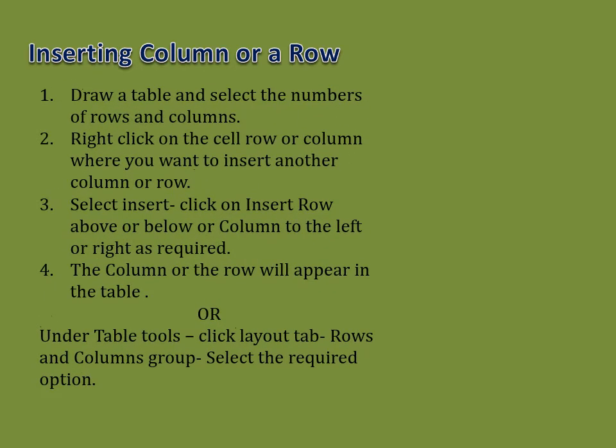Now let us see how we can insert a column or a row into a table. For this, draw a table and select the number of rows and columns as usual. Then right click on the cell, row or column where you want to insert another column or row.